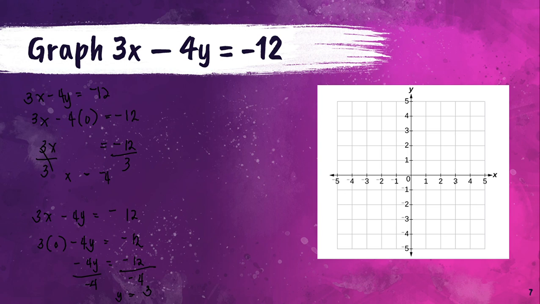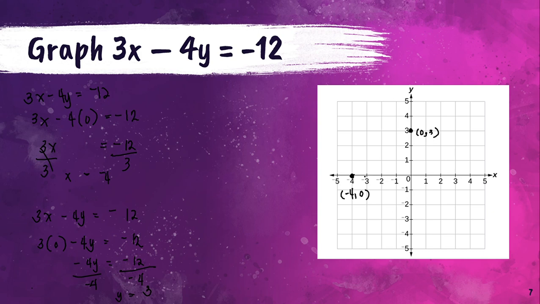When we locate it, it should be on the other side of the x-axis since it's negative. Okay, so it's (negative 4, 0), and we have y is equal to 3, wherein it should be (0, 3). So this is (0, 3), and this would be (negative 4, 0).